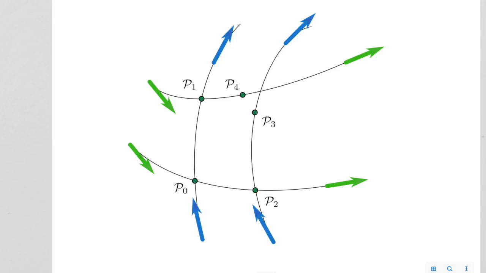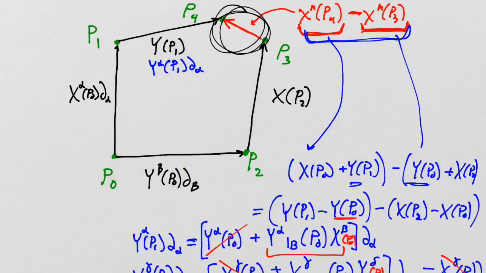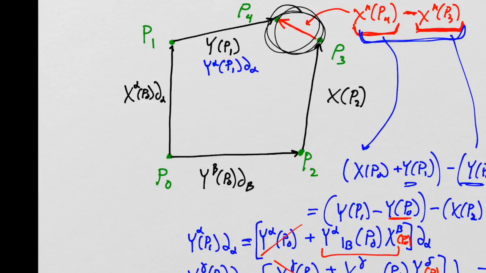Now in the next lesson, we'll do this for curved spacetime, which I'm going to describe using a diagram like this. But it is the same idea. However, we can no longer rely on the difference in the coordinates of P4 and P3 to be the relevant fact, because we can't treat these like displacement vectors anymore. The reason we were able to get away with it here was because in flat spacetime we can assume that the tangent space and the real underlying space are the same place.